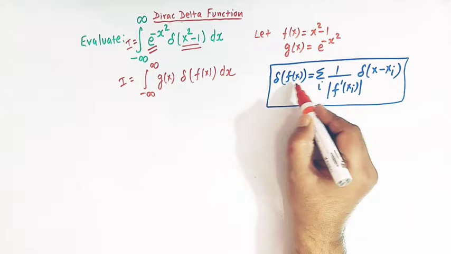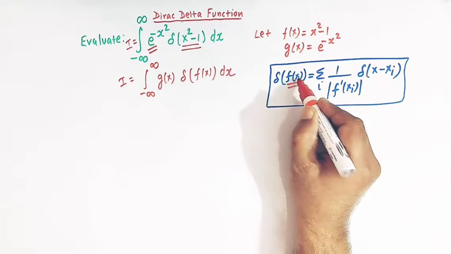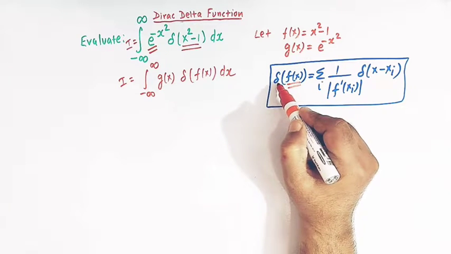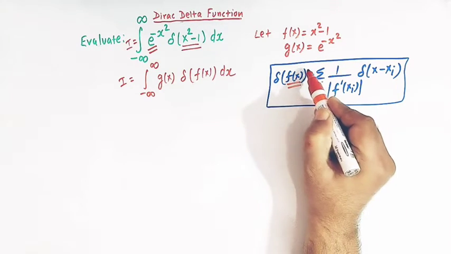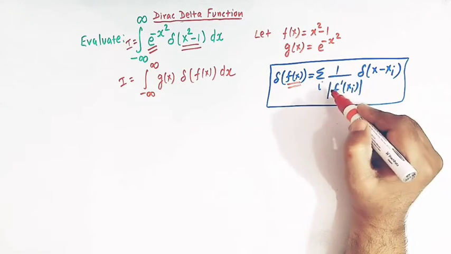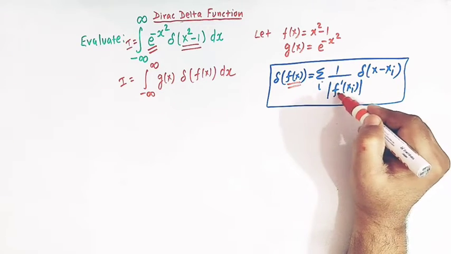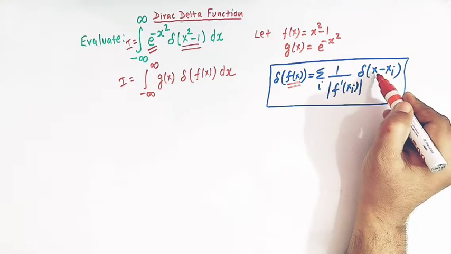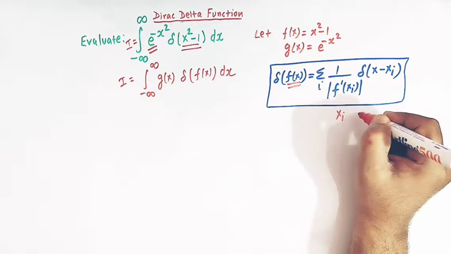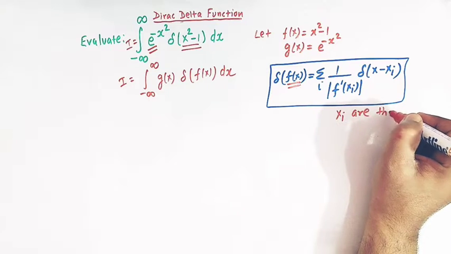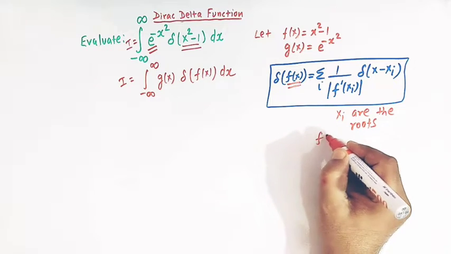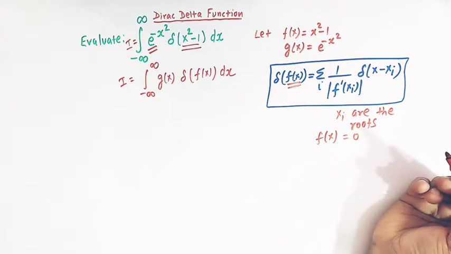So here we have some function f of x, and if we need to find delta of f of x, it can be written as a summation of 1 over mod of f prime of x_i times delta of x minus x_i. Here the x_i are the roots, or the solutions, of the equation f of x equal to 0.